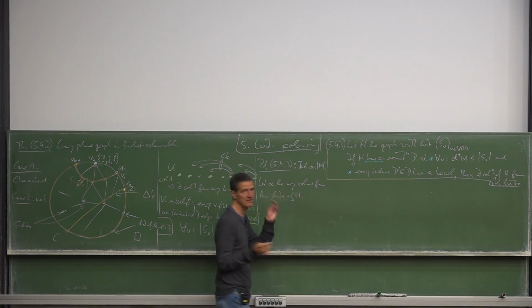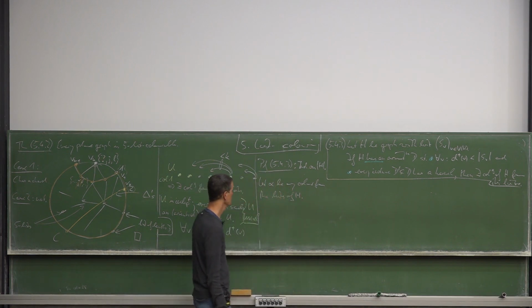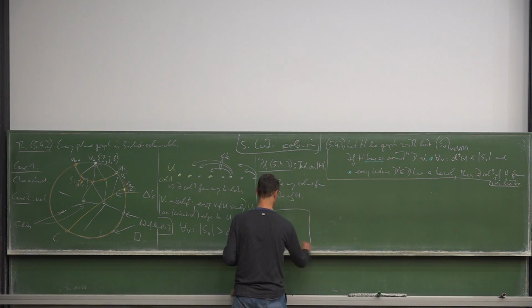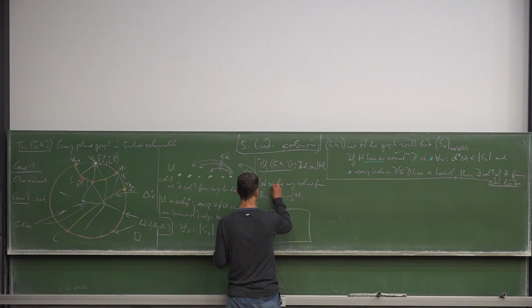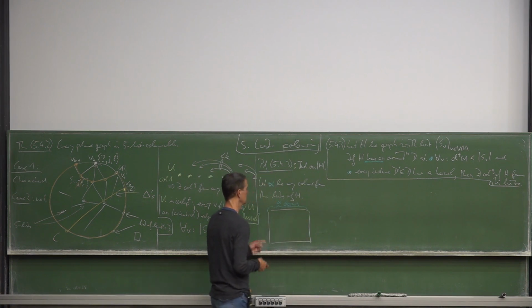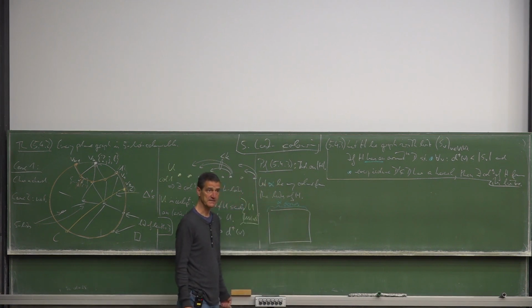Then we have any color that occurs. Then look at those vertices where alpha does occur in the list. There's at least one vertex.